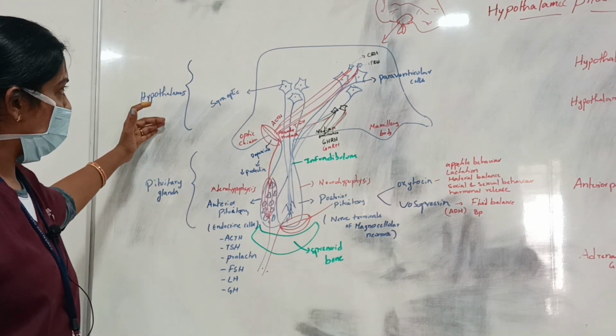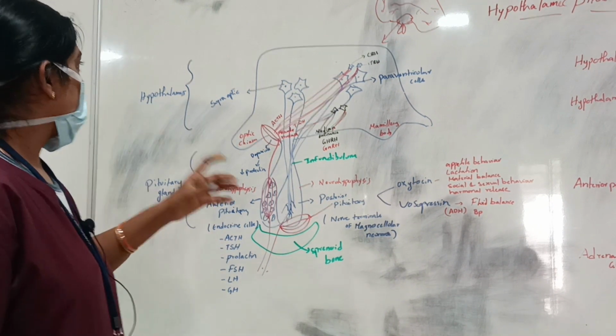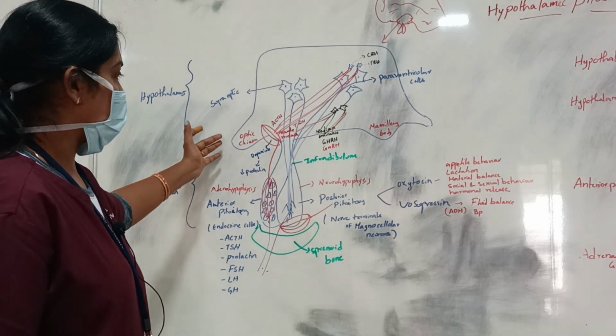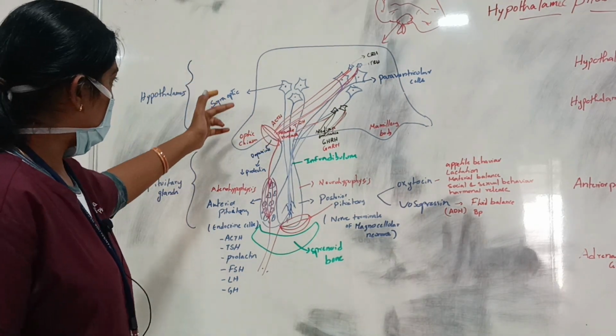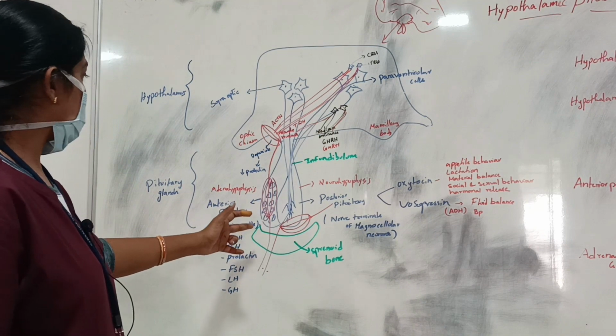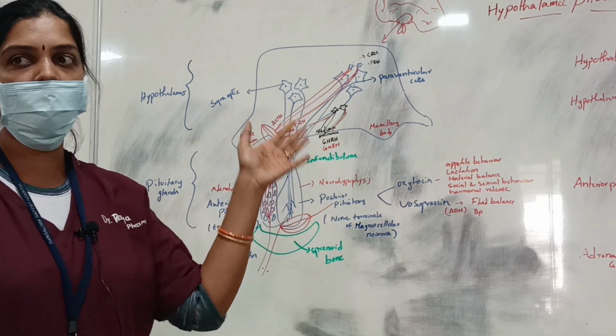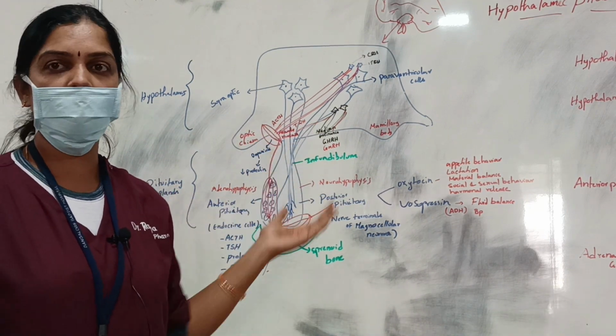When it comes to the hypothalamus, it has two areas. One is the optic chiasm, as I told, and when it comes to the pituitary gland, it has anterior, meaning front, and posterior, back.